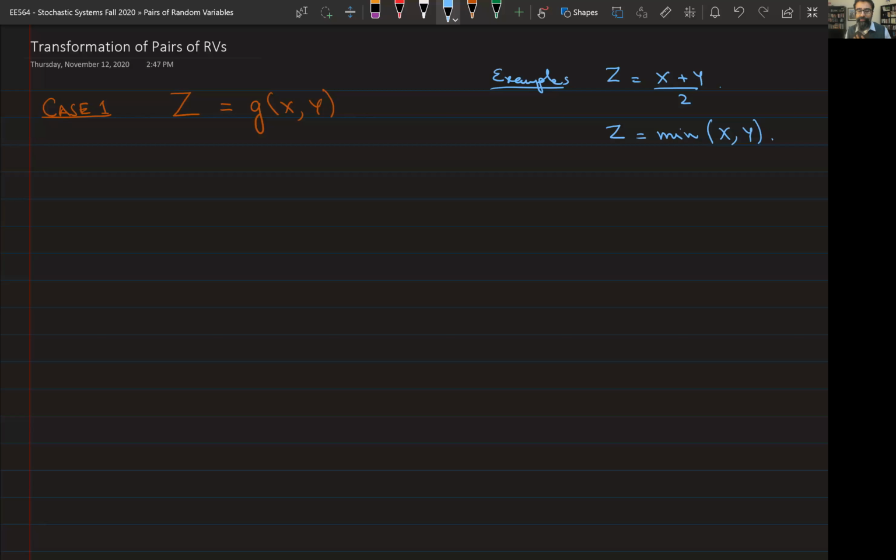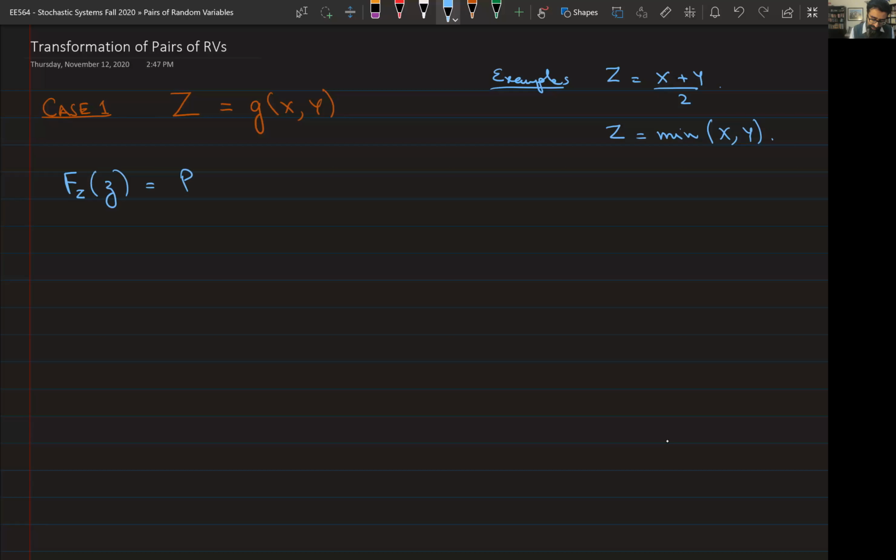So we are not going to do this very formally in the sense that we're going to derive a formula as we did in the case of a single random variable. Rather, we're just going to go about with the same approach without really deriving the formula. For each example, we're going to do this in a couple of steps, which is, you first find the CDF, and then from the CDF, you differentiate that CDF to obtain the PDF. Okay. So in particular, the process is going to be to first of all find what the CDF of z is going to be.